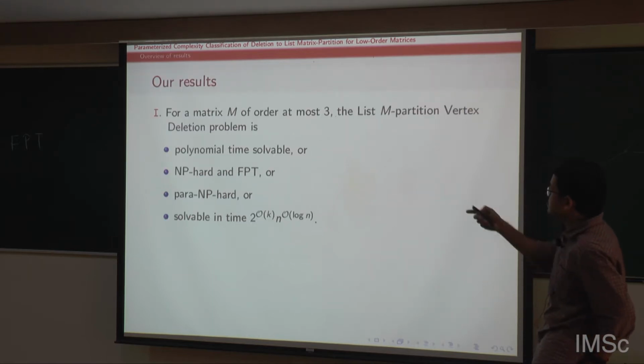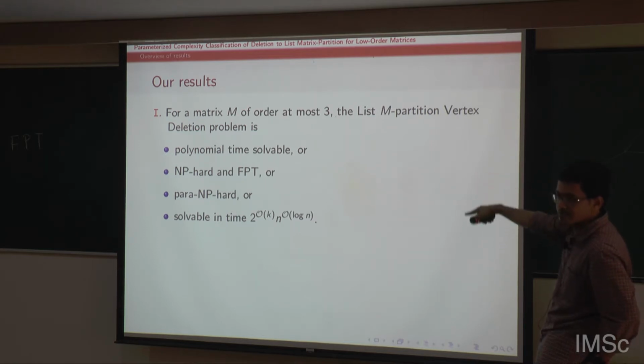The first one is for matrices of order at most 3, and we show that then the list M-partition deletion problem must be one of these 4 types. It should be either polynomial time solvable, or it should be NP-hard and FPT, or it's para-NP-hard, or it should be solvable in this sort of a running time.